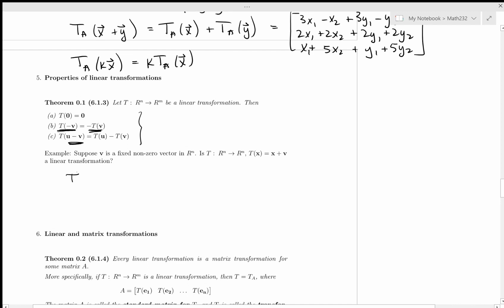Let's calculate T of kx. I know what the definition is. It says take your input and add v to it. So here's going to be the output. Then I will compute kT(x), which is take your input, add v to it, and then multiply by k. That looks like this.